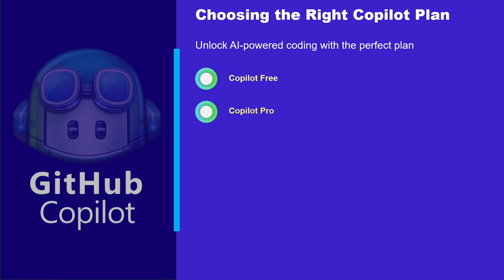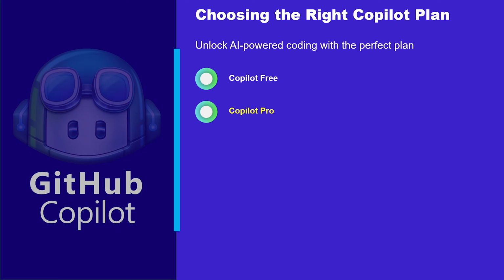Next is Copilot Pro. This plan is built for individuals who want full access to Copilot's core capabilities. It includes unlimited code completion, premium models in Copilot Chat, and a monthly quota of premium requests. You can subscribe on a monthly basis or save with an annual plan that gives you 2 months free.